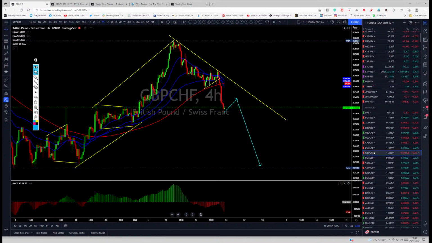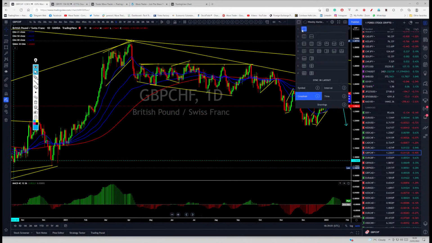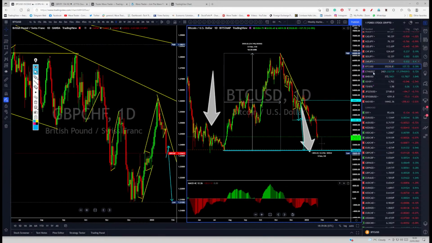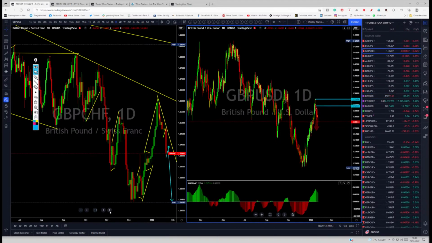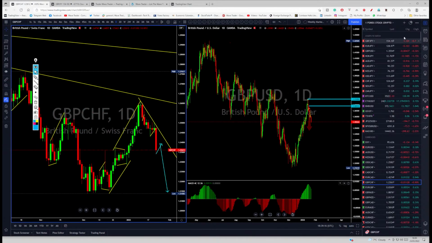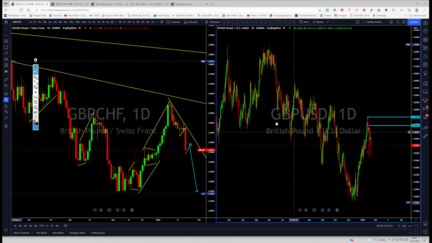So pound chief, what I said in the last weekly market outlook, both trades are same. So either take the pound dollar or take the pound chief. Pound chief dropped more, by the way, sharp, aggressive than the pound dollar. Anyway, so both gonna visit the lows.